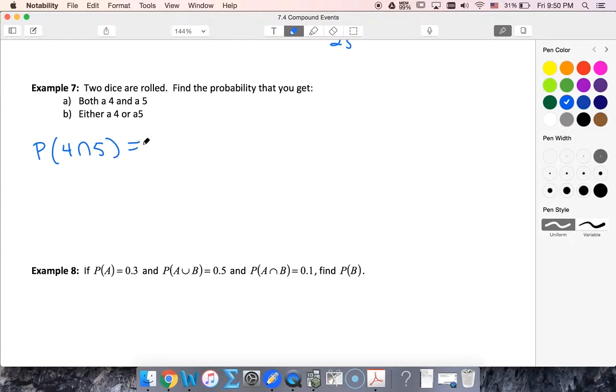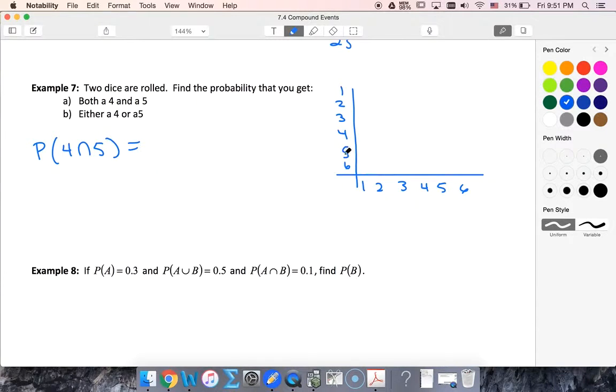So one way that we can think about this is going back to our sample spaces. So if I think about a grid of values, I could get 1, 2, 3, 4, 5, or 6 on my first roll, 1, 2, 3, 4, 5, or 6. Sorry, first die and second die.